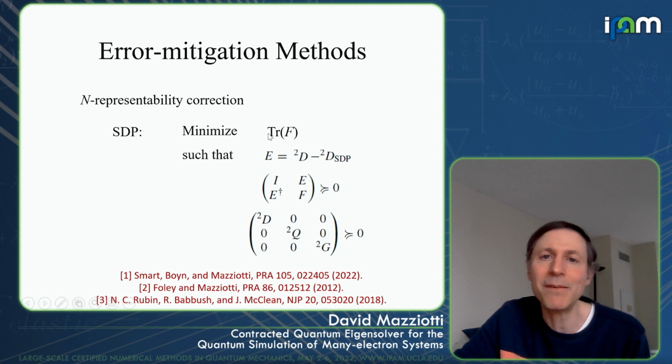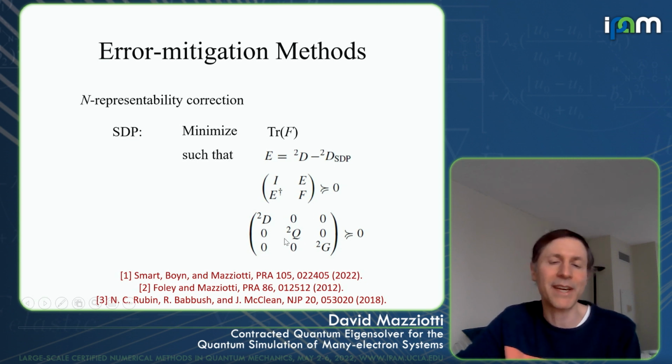You can see that if we minimize the trace of F, then because this matrix is positive semi-definite, that's going to provide a relaxation to minimize the error, or the distance, between D2 and the D2 from the semi-definite program. In addition, we add the restriction that this D2 must map to Q2 and G2, and that this entire matrix must also be positive semi-definite.